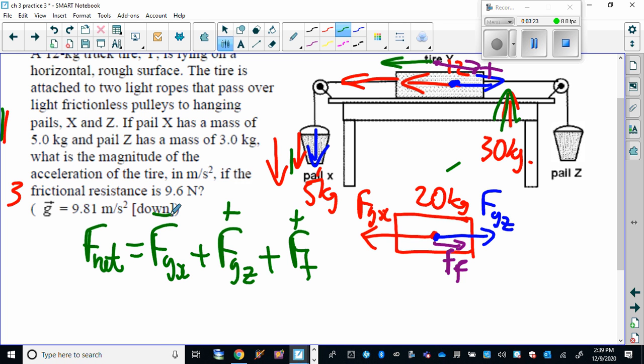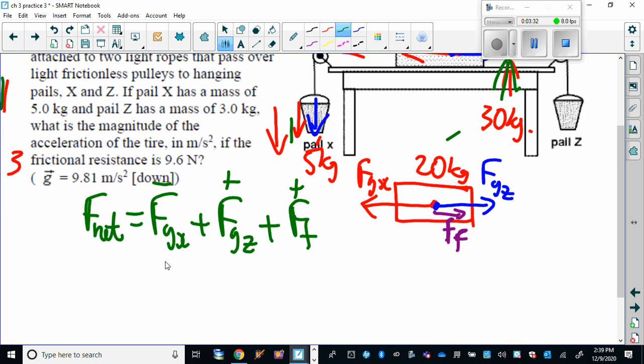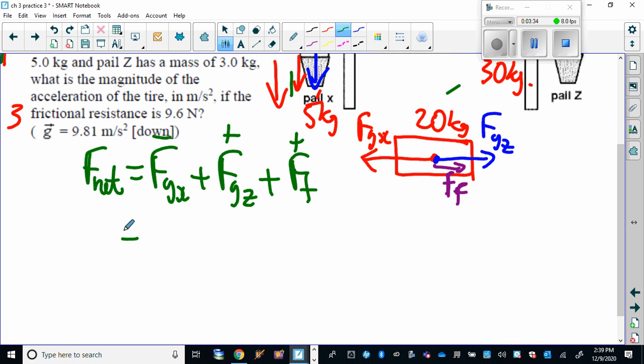It's very important that we get the signs correct in this problem because the force of friction is also going to the right. And once you've got the sign straight, it's pretty straightforward.